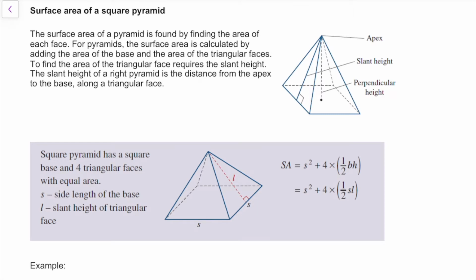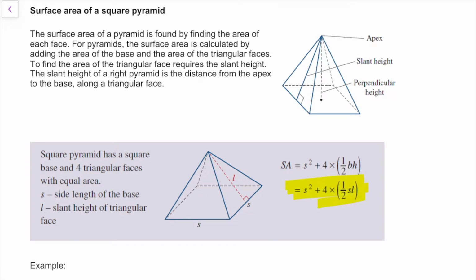The information from this video is coming from the Cambridge Year 11 Standard Mathematics textbook for New South Wales. You can see on the screen a little bit of information from that textbook about pyramids, particularly square pyramids. We have a formula for the square pyramid, which is what we are going to be using.